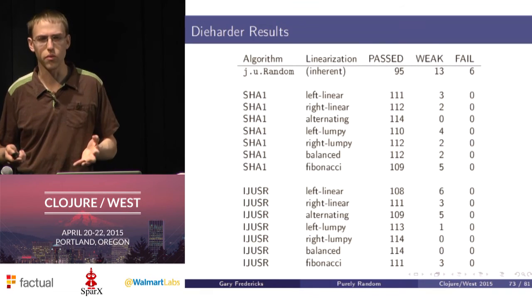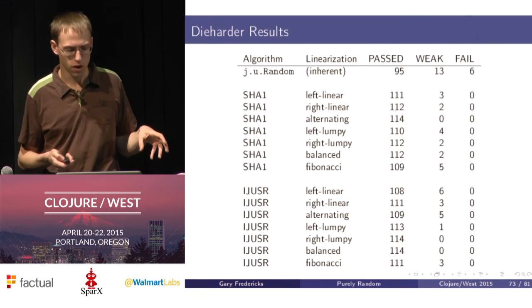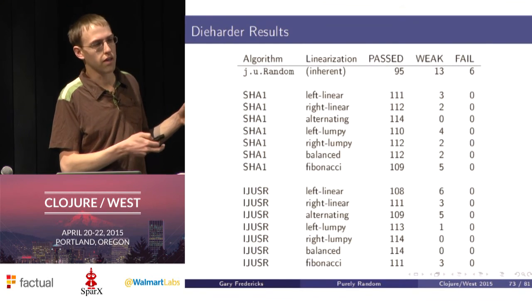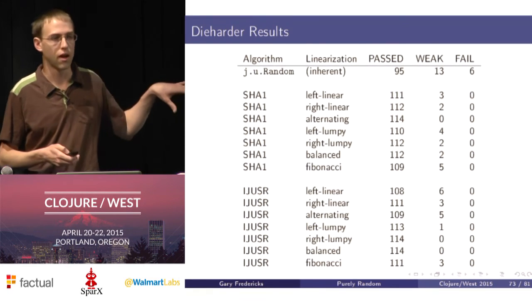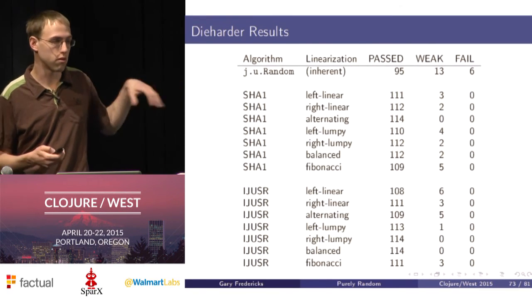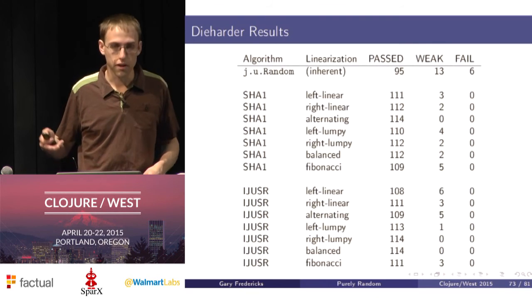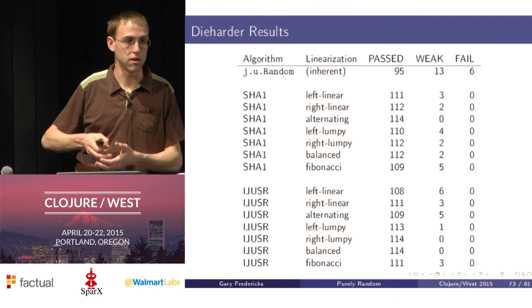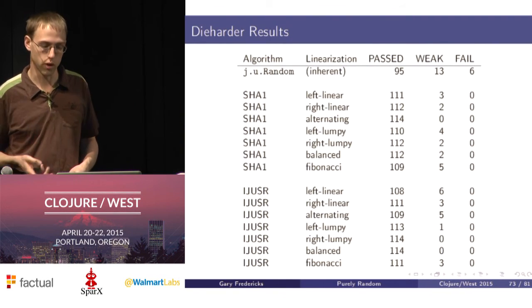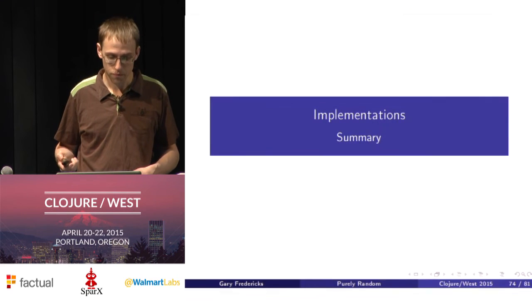So this is what we ended up going with for TestCheck, and performance-wise, we weren't just concerned about how the random number generator performed. The real thing to test is how a typical test suite performs under the new random number generator. So we'll look at that in a moment.